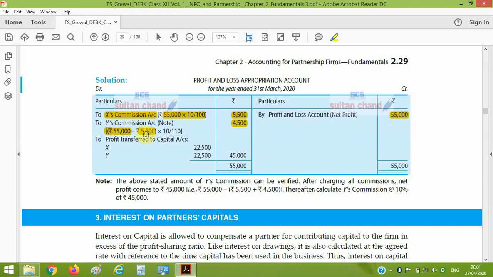The resultant figure includes the commission of Y. So after charging commission, we will do 10 divided by 100 plus 10, that is 10 by 110, and the resultant will be the amount of commission given to Y, and the remaining figure will be divided among the partners as profit. This is the way we will give the profit or commission to a partner after charging the commission or before charging such commission.